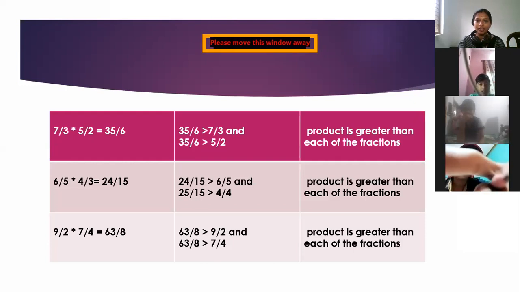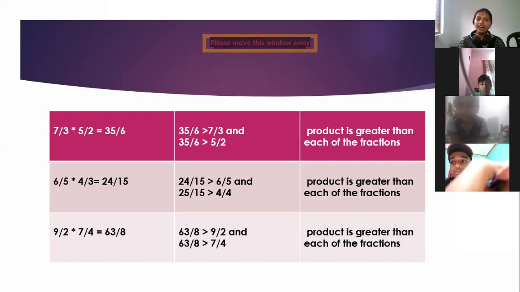35 by 6, because the value of 35 by 6 is 5 point something, 5.833, etc. So here, unlike our previous table, our product is greater than each of the fractions.